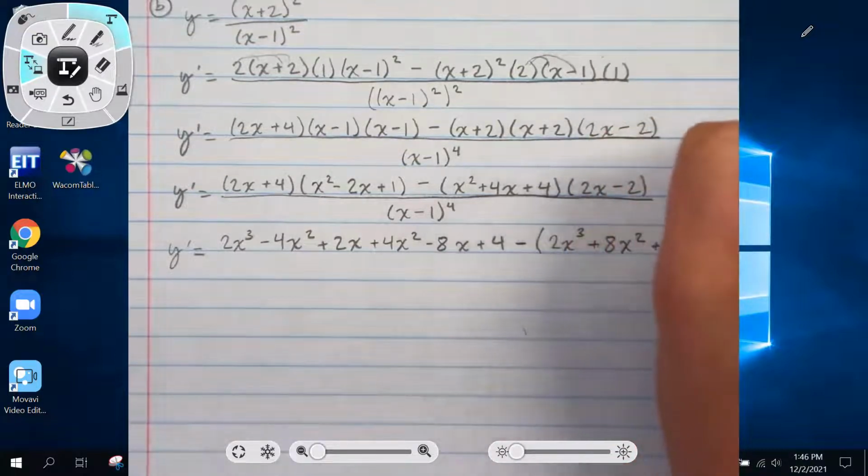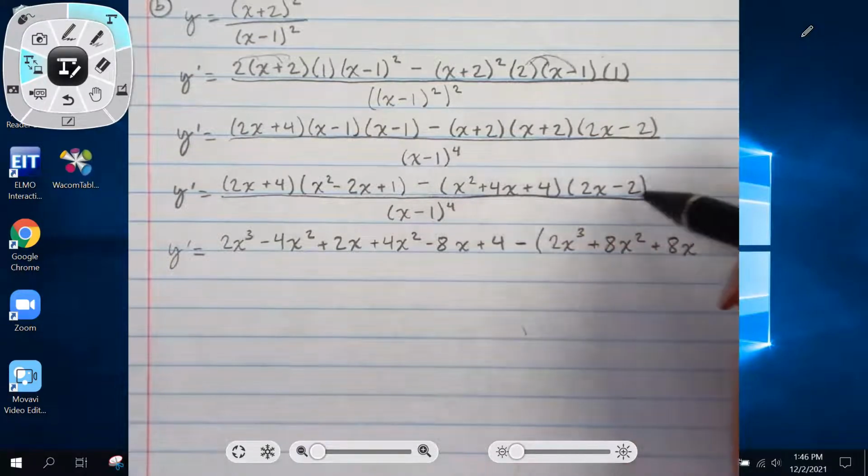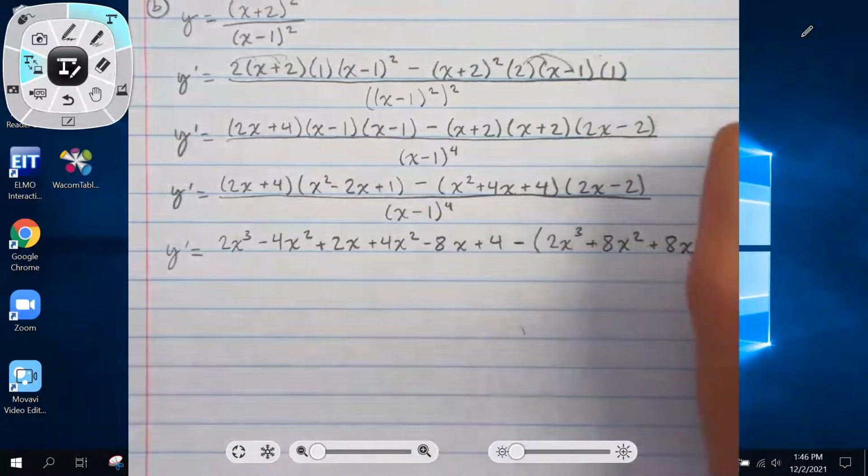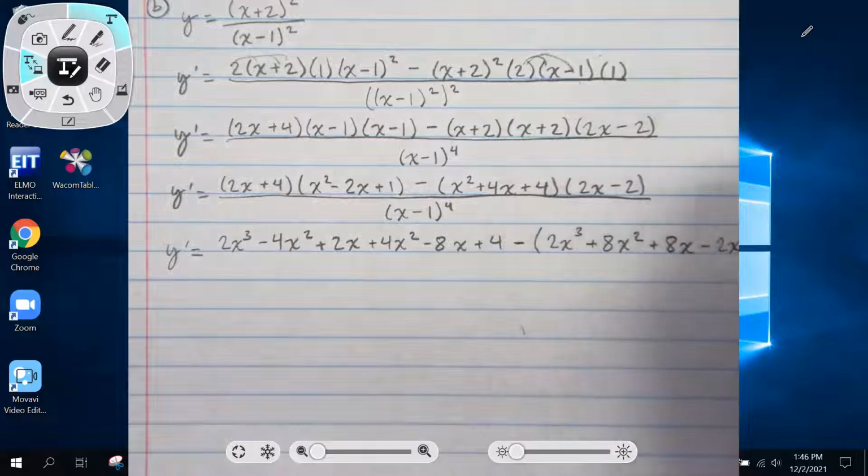And 2x times 4 is 8x. Distribute the negative 2, we get minus 2x squared minus 8x minus 8.